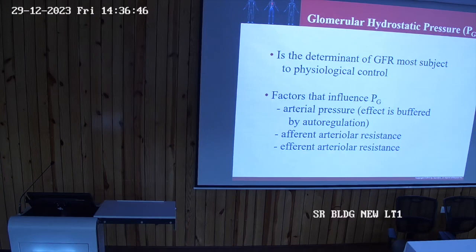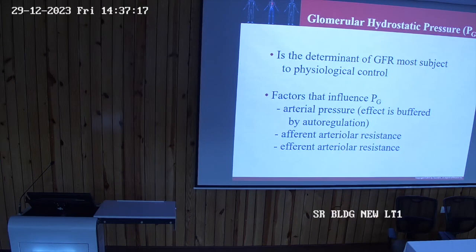Extreme change कहाँ है? 80 और 180 के बीच. अगर 80 और 180 के बीच में फ्लक्चुएशन कुछ आ रहा है मीन आर्टीरियल प्रेशर का, तो जीएफआर में या हाइड्रोस्टेटिक प्रेशर में ऐसा कोई चेंज नहीं आएगा और जीएफआर की वैल्यू कांस्टेंट रहेगी. बट अगर 80 से कम 70, 60 हो गया तो इफेक्ट में आएगा. ठीक है, और ये कब होगा? जब चेंज इन द डायमीटर ऑफ द एफरेंट एंड efferent arteriole.